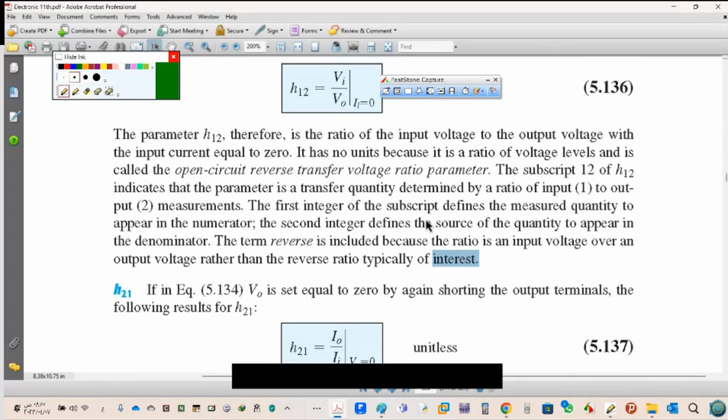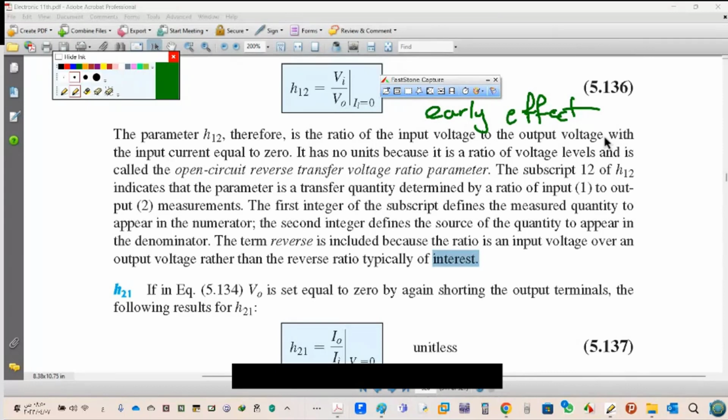But before, this reverse voltage had a meaning called early effect. I will write here, you can say early effect in transistor. This effect is called early, it is a scientist's name. And this early effect explains the output effect on the input in voltage.